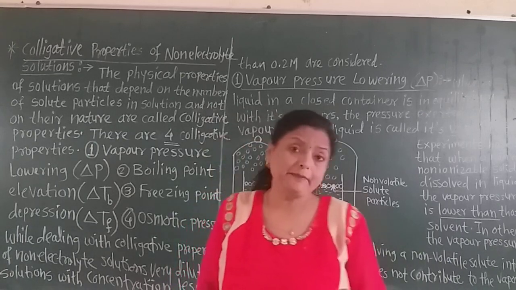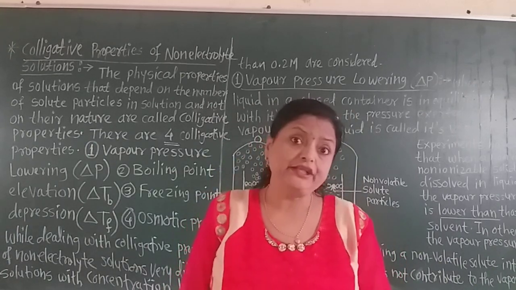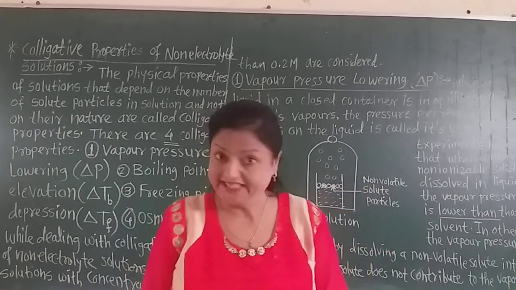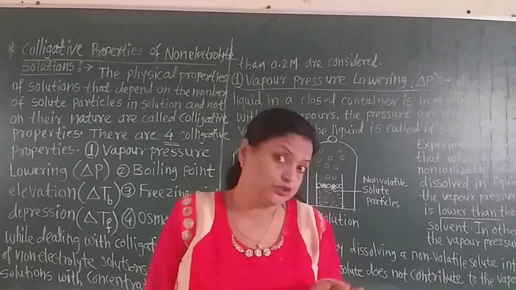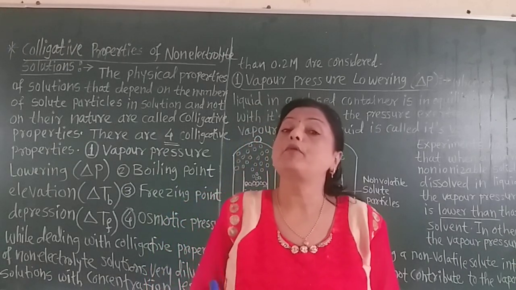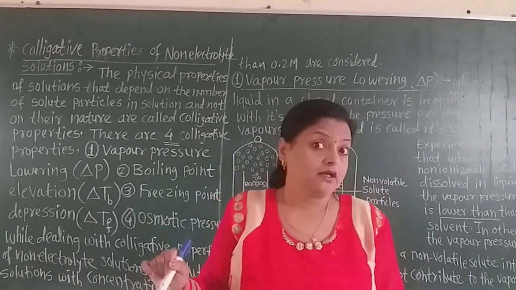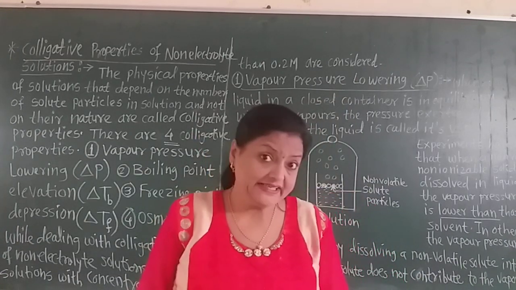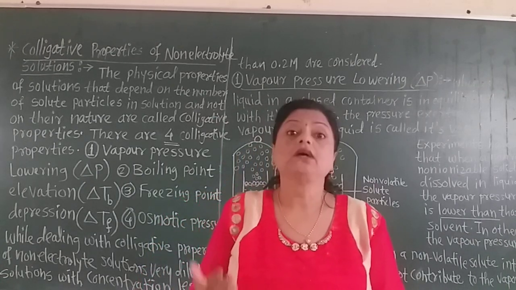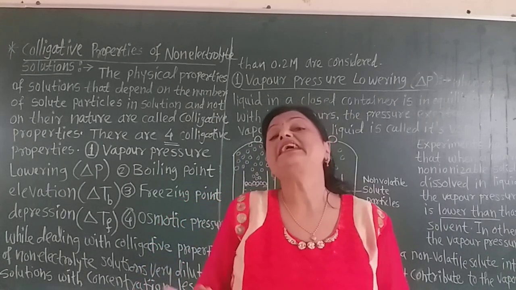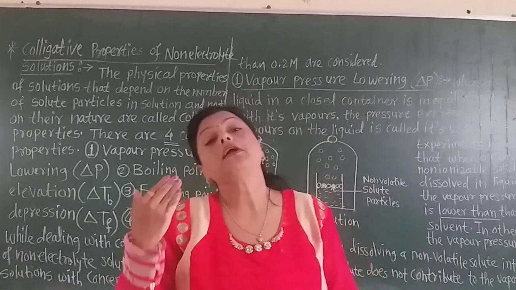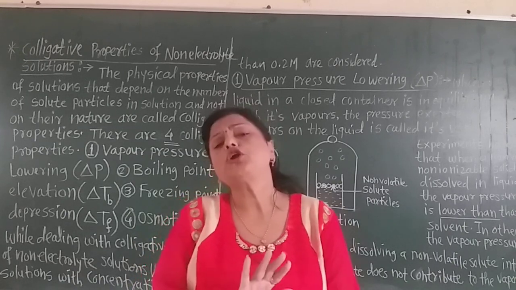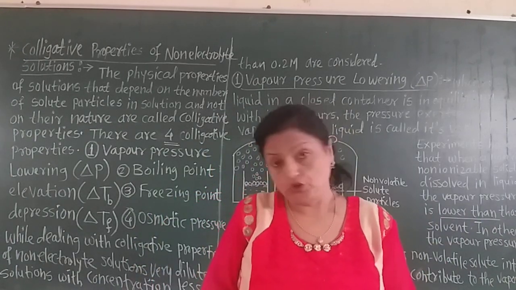Colligative property means that the property totally depends upon the number of solute particles dissolved into the solvent. That means how many solute particles there are is very important. So colligative properties are the properties of solutions which depend fully on the number of solute particles in the solution and not on the nature of the solute.